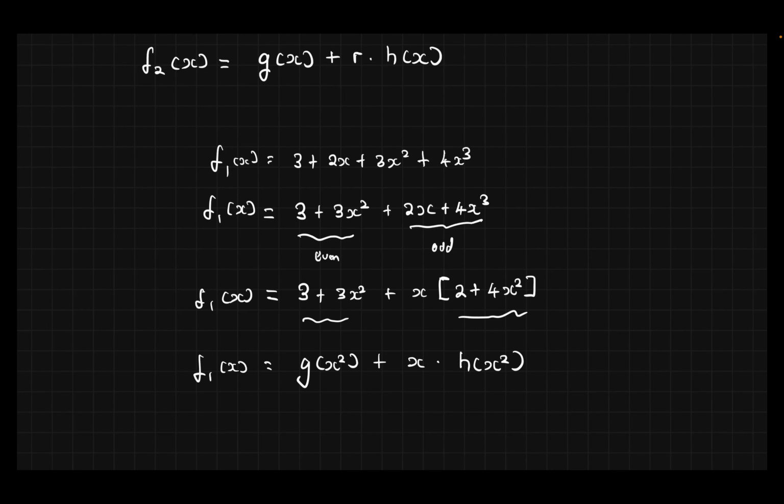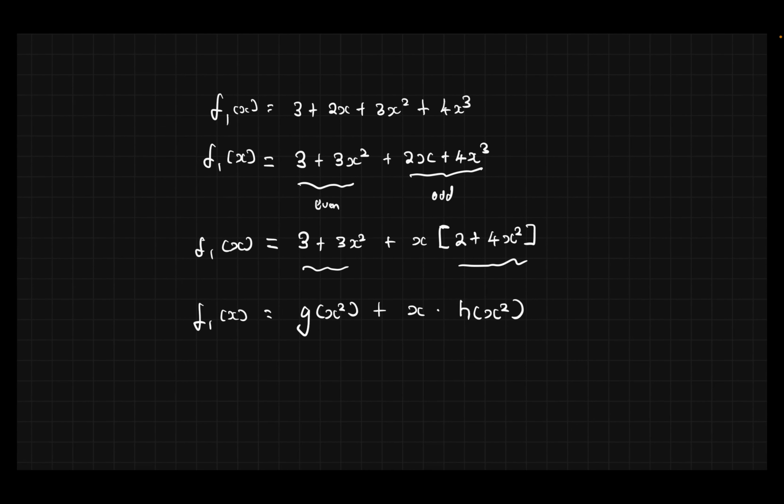Now if this is g of x squared, what is g of x? We said that g of x squared is equal to 3 plus 3x squared, so there is a g of x that we are evaluating at x squared. What is this g of x? Exactly, we just divide all the powers by 2 to remove the x squared.